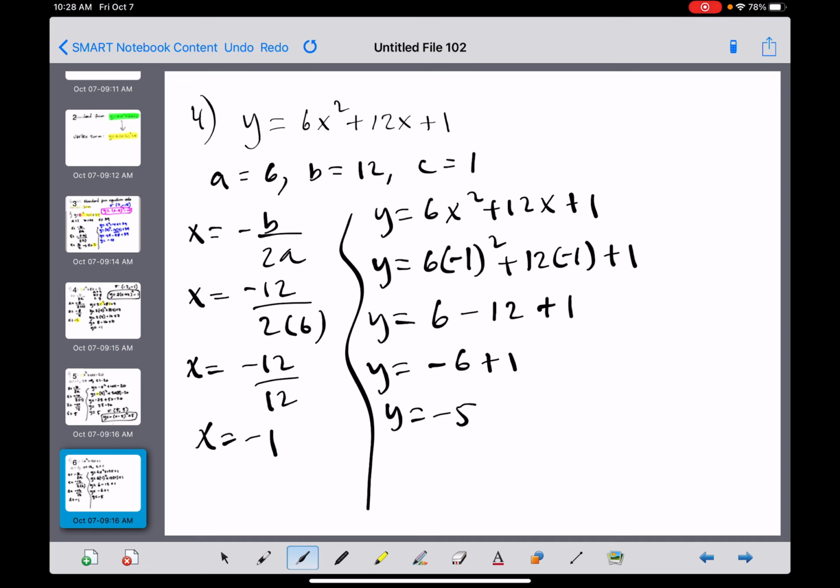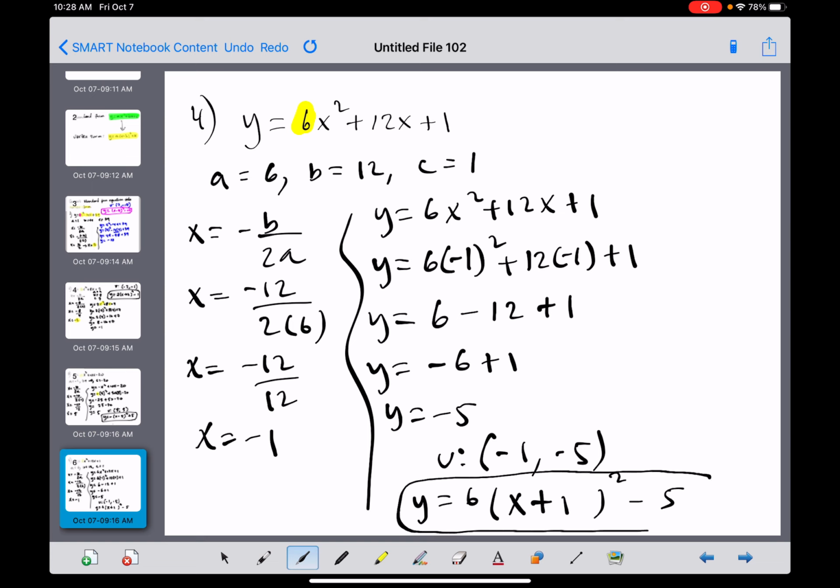So my vertex is at negative 1, negative 5. So the final answer is, remember, vertex form is y equal to a, and a in this case is 6, right? So it becomes 6 times x plus 1 squared minus 5. And that's my final answer here.